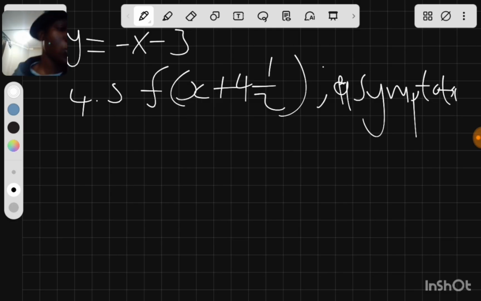They don't want us to show our workings, so we're going to have x equals, let me punch the calculator here. Let me check the graph on the question paper.